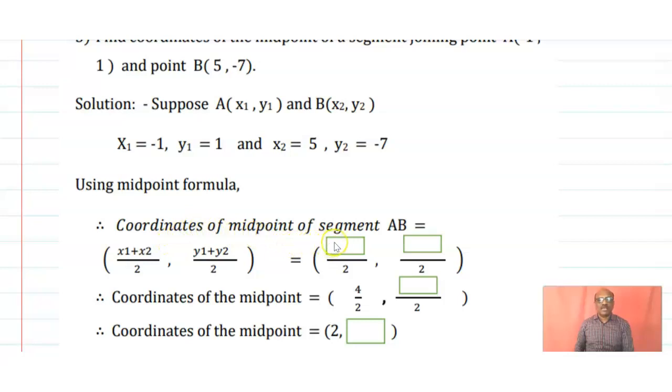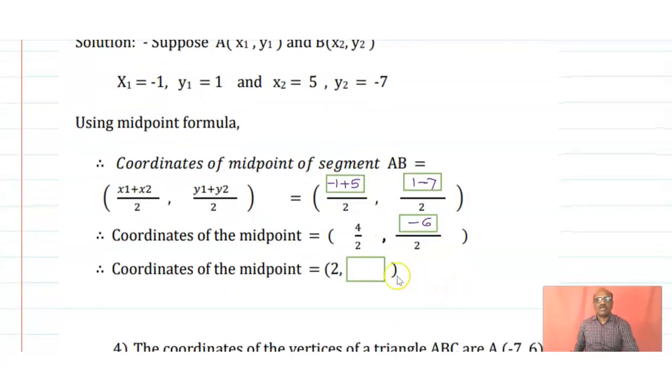Here minus 1 plus 5 upon 2. y1 plus y2, that is 1 minus 7. Here you will get 4 आणि इथे किती मिळणार आपल्याला 1 and minus 7 you will get minus 6. Okay, 2 मिळणार इथे and here you will get the minus 3. This is the coordinate of the midpoint.